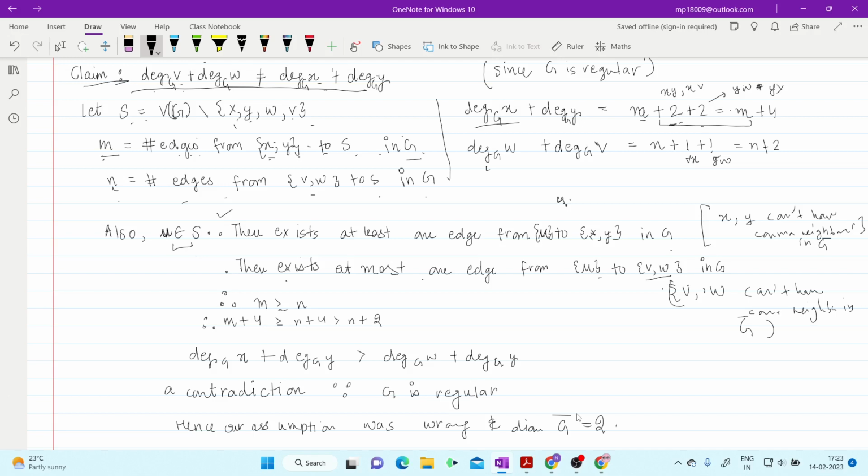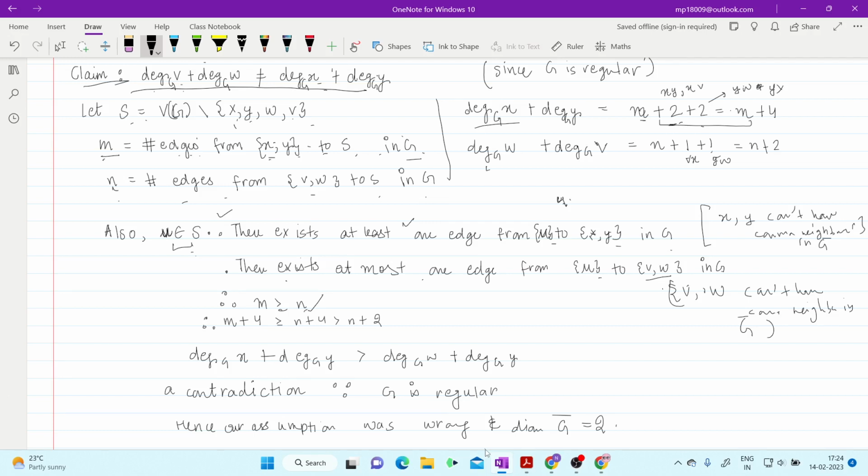So if we pick any vertex, there has to exist at least one edge from U to XY, and there can exist at most one edge from U to VW. Therefore, we see that M is greater than or equal to N.